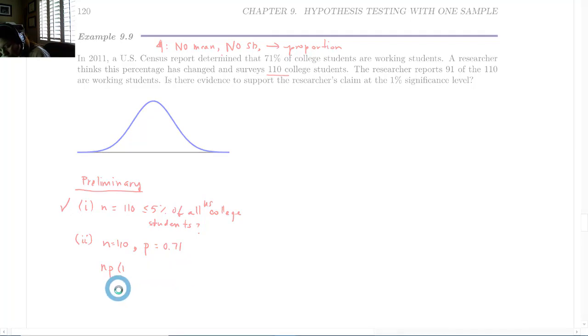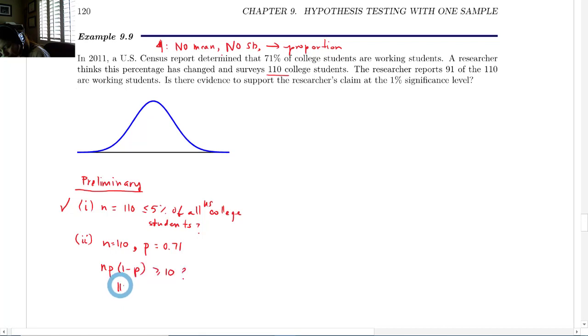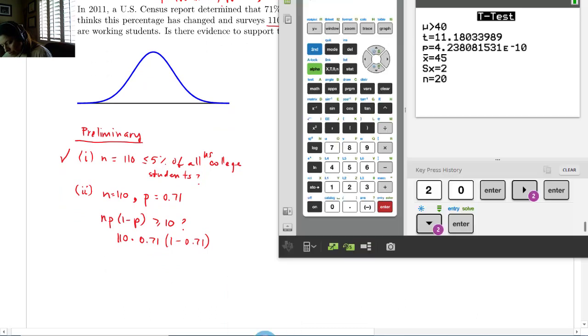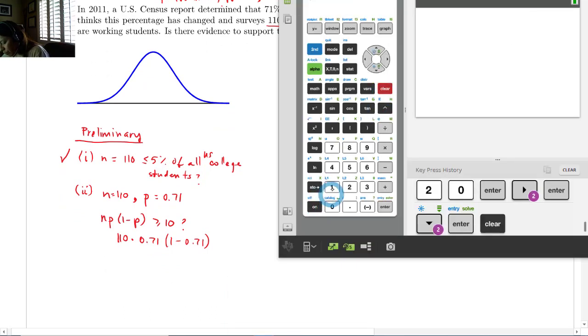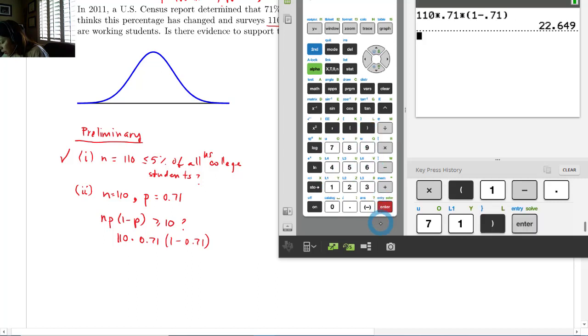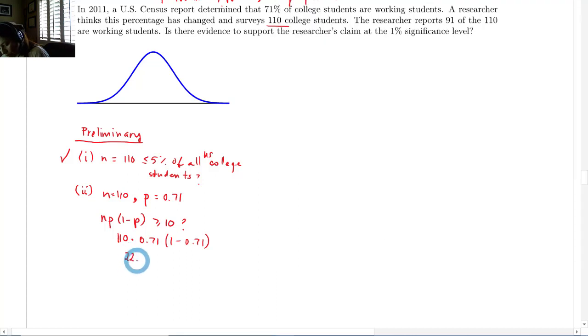So we have 110 times 0.71 times 1 minus 0.71. So go ahead and put that in the calculator. You would just put 110 times 0.71 times 1 minus 0.71, and that equals 22.649, which is greater than or equal to 10.